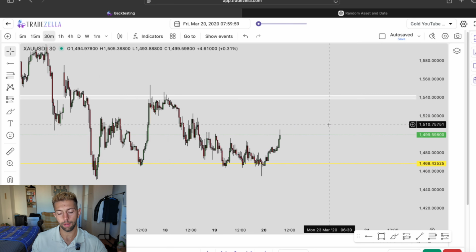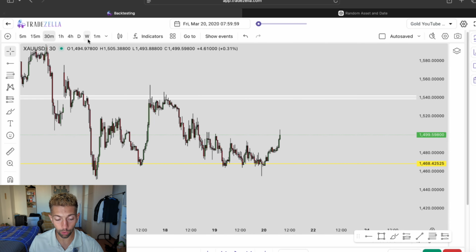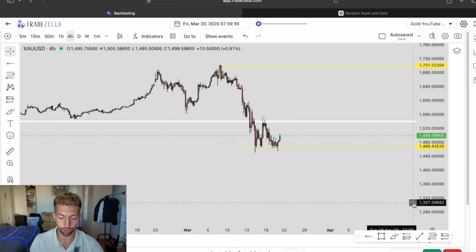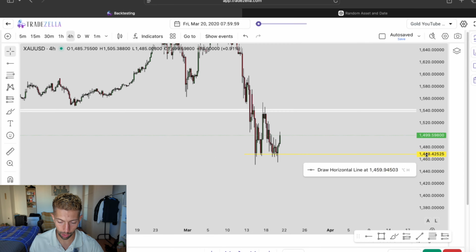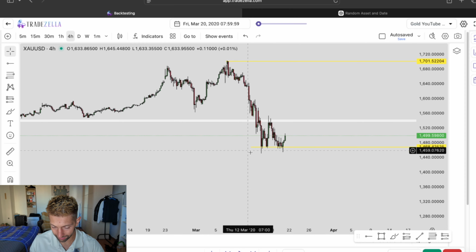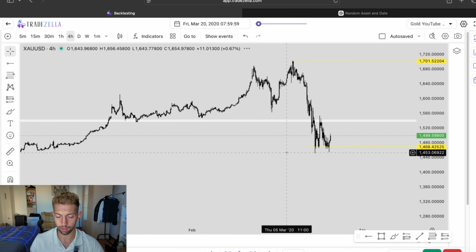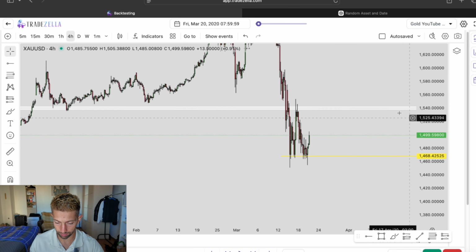Okay, so based on how market is looking right now, I would take a buy, even though we are still overall bearish. So why? I see this level holding price whole week. Whole week we are testing this level right here.